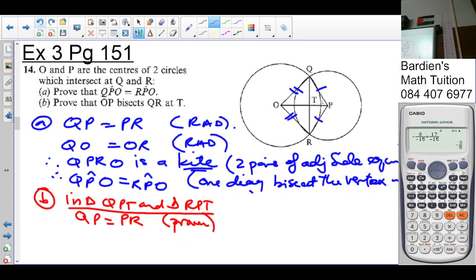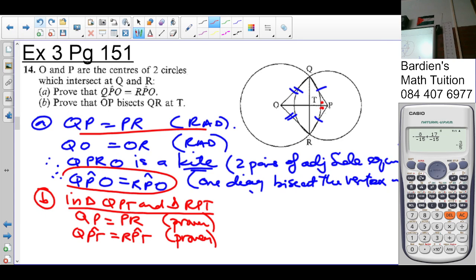Why proven? Because we said it before. Can you see that? What else can we say? We know that QPT is equal to RPT. Why is that the case? Proven. As you can see, we have proven it here already. Can you see that, people?